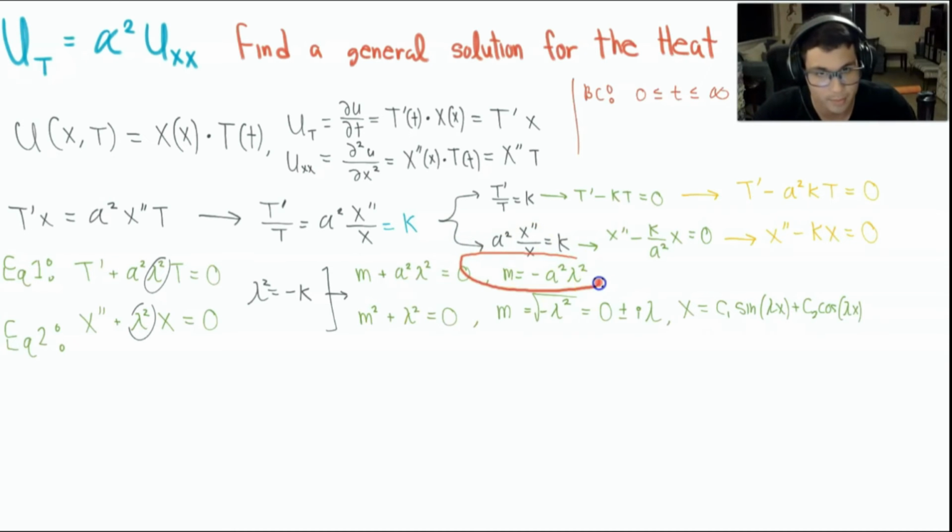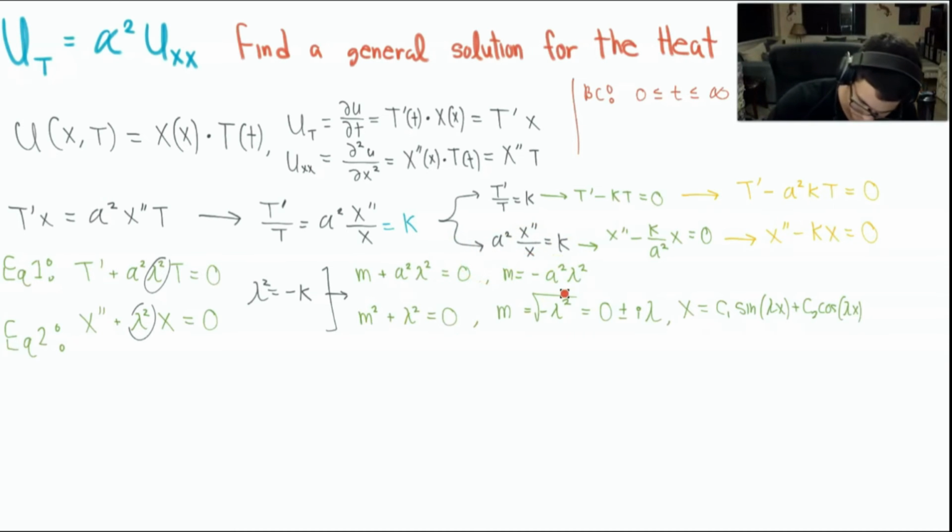This one is a lot easier, where it's T. T is going to be equal to, I'm going to pick c3, and it'd be e to the negative alpha squared, not k squared, lambda squared. So I got a fundamental solution here and a fundamental solution here.